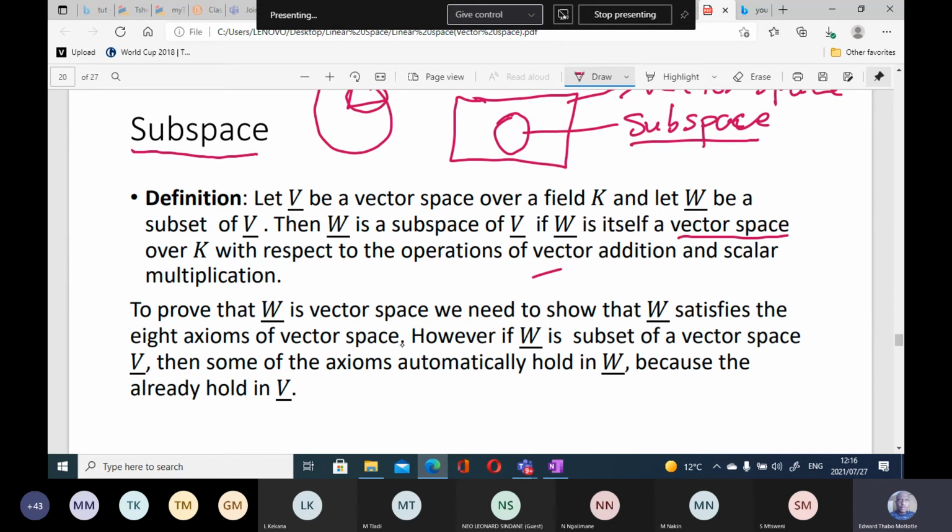Now, to prove that W is a vector space, we need to show that W satisfies the 8 axioms of a vector space. However, if W is a subset of a vector space V, then some of the axioms automatically hold in W because they already hold in V. That's exactly what I explained there.